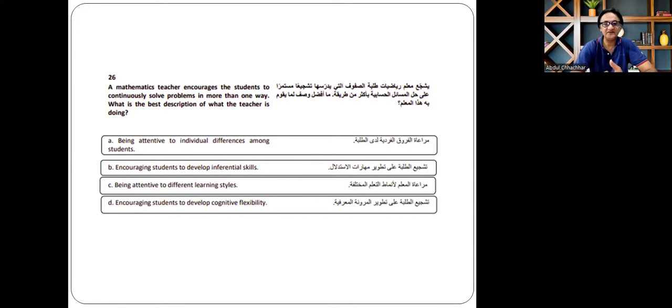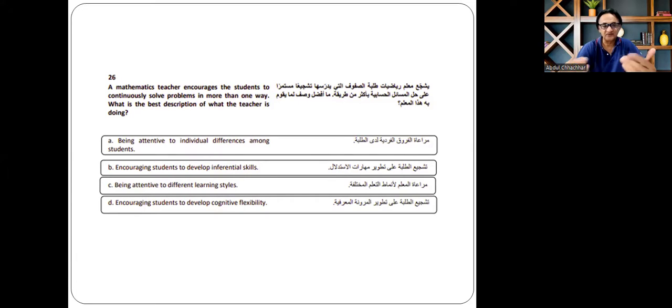Being attentive to individual differences among students. Why does it have to be individual students? Let the students be attentive. So this is about encouraging students to develop inferential skills. Okay, so they have to use inferential skills. We have descriptive as well as inferential approaches.